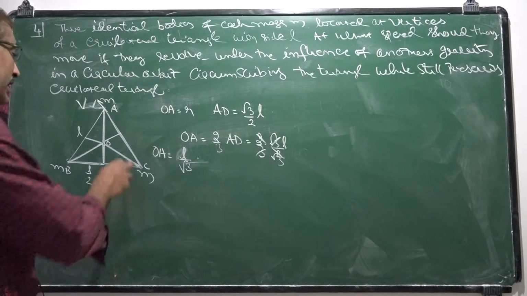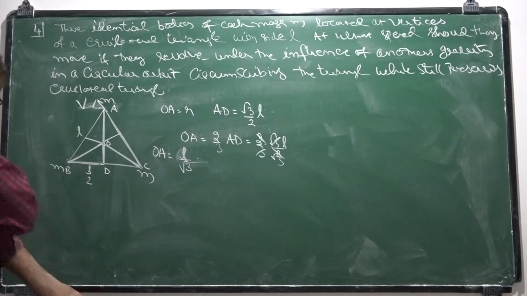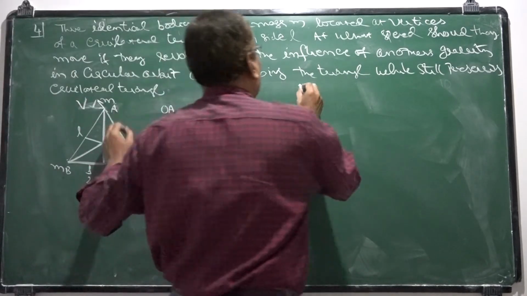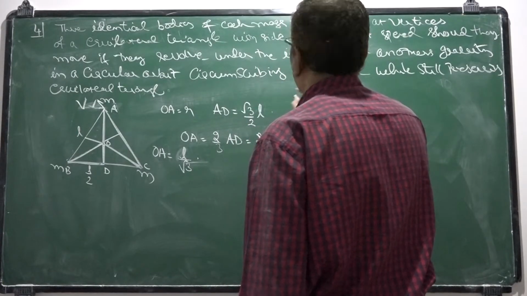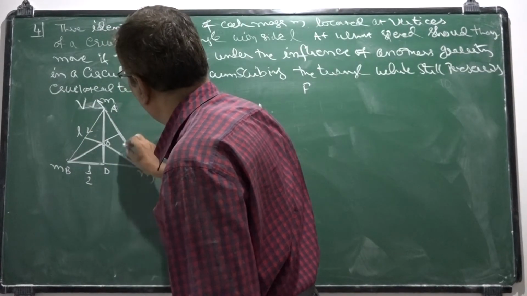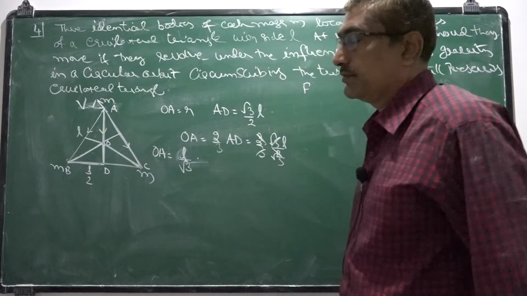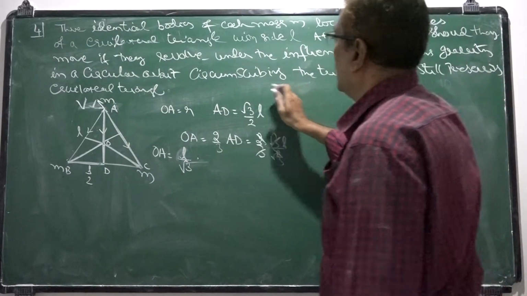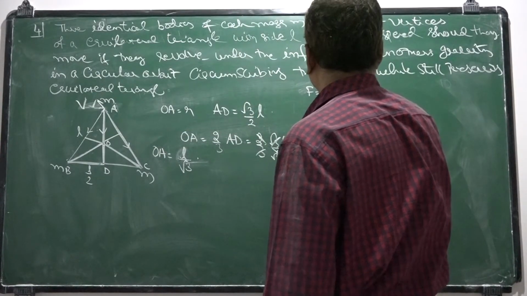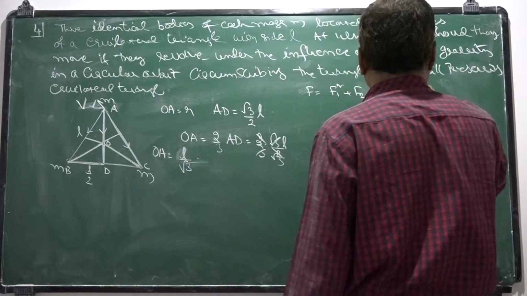Okay. Now the resultant force on A due to the other two masses. This particular mass attracts in this direction, this particular mass attracts in this direction, and the resultant acts along this direction. So the resultant force on A is F equals the square root of F1 square plus F2 square plus 2F1F2 cos 60.